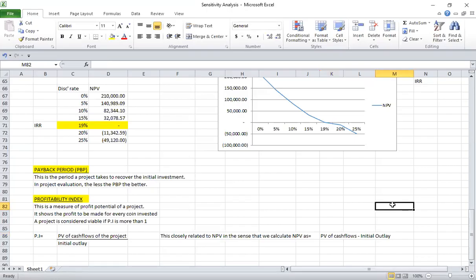And this has to be very clear: the profitability index is somewhat related to NPV, in the sense that as you calculate NPV, you take the present value of cash flows and you minus the initial outlay, whereas for the profitability index, you take the present value of cash flows and you divide by the initial outlay.